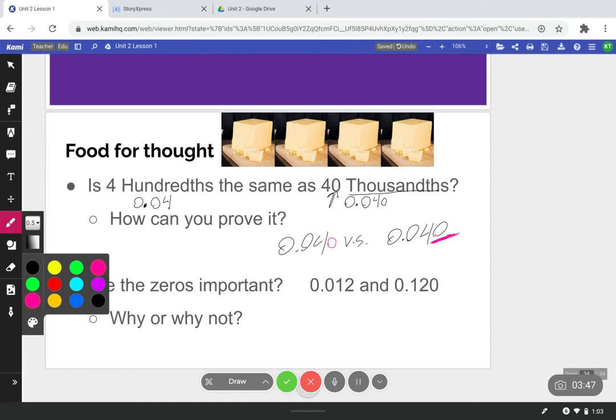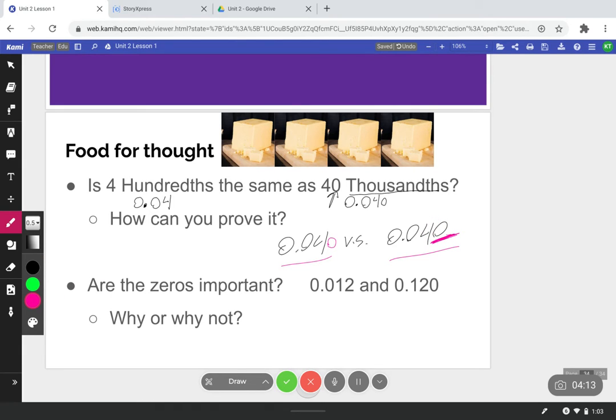There's no point. These two values are the exact same thing. If I asked you for 4 hundredths cheese and you asked for 40 thousandths cheese, we would get the same amount. 4 hundredths and 40 thousandths is the same thing. The only difference is that 0 is revealed.